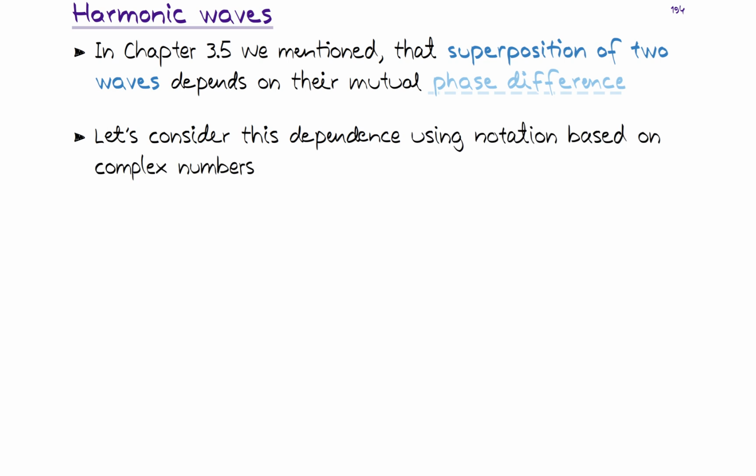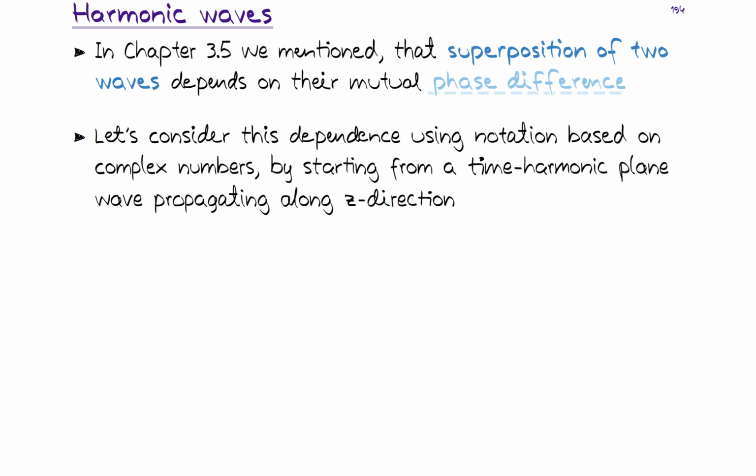And let's use the notation based on complex numbers. And let's start, as always, with a time harmonic plane wave, now propagating along the z direction. So essentially, we are dealing with a quickly oscillating field. That's why I have the tilde there, representing the fact that I have a rapidly oscillating field with respect to the time variable.